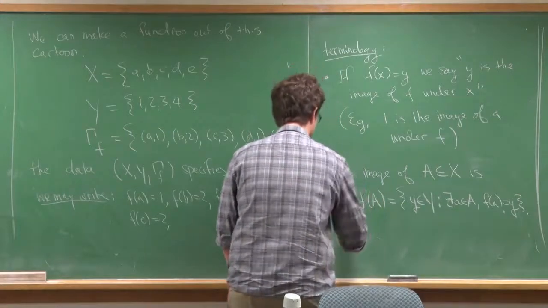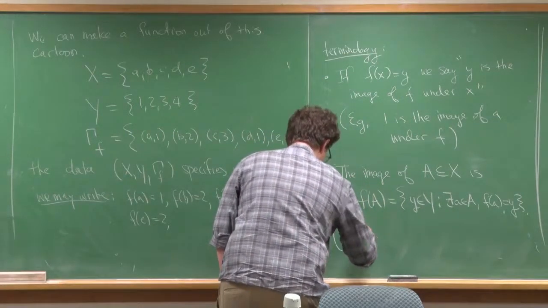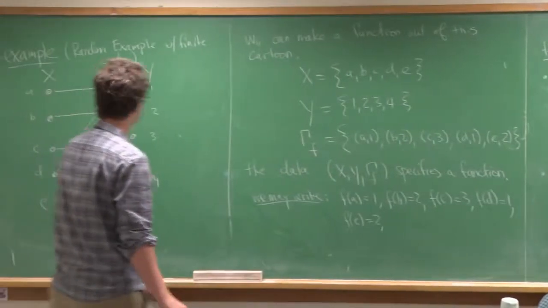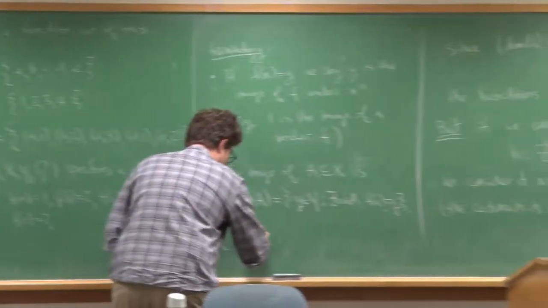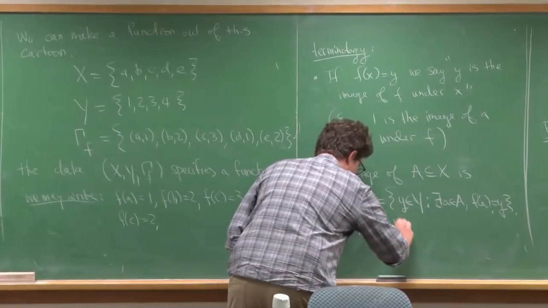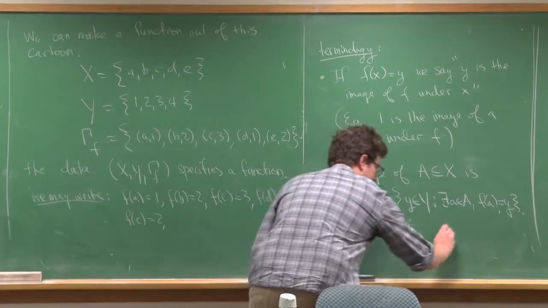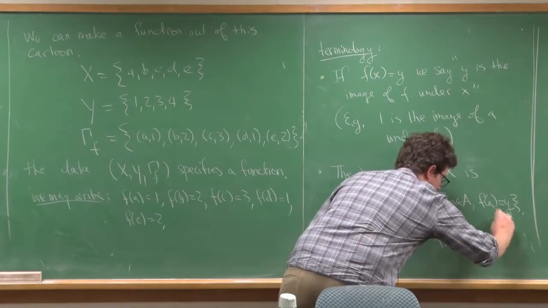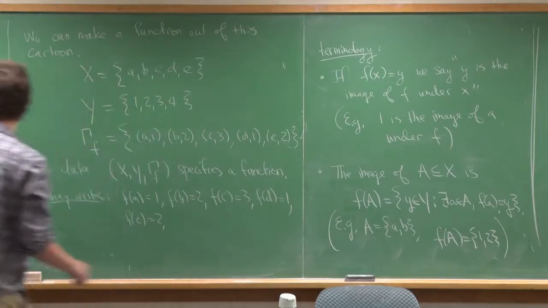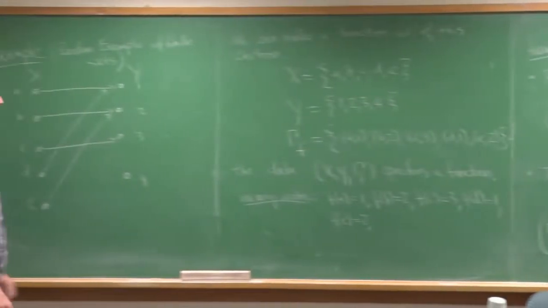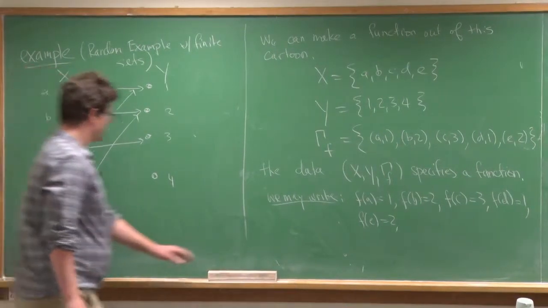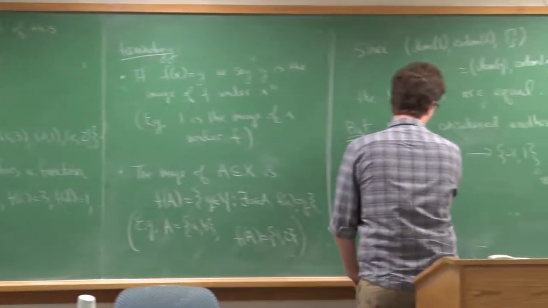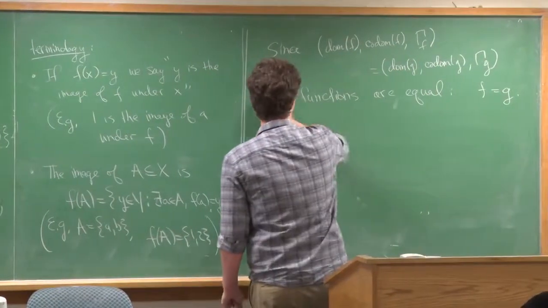For example, in our particular example, what would the image of, let's say, A, B be? Exactly. f of A, B is the set 1, 2. This is all the things that get hit here. So we have images of points, images of sets, and then there's the image of the function itself.